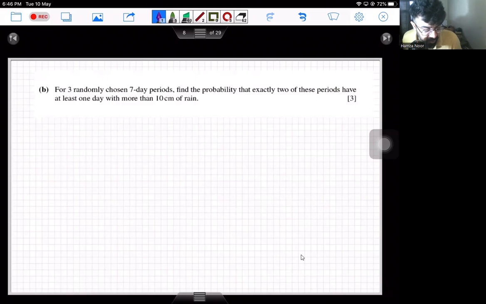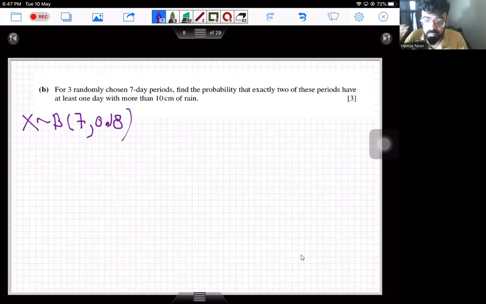So here we have the initial condition which we took in part A. X follows a binomial distribution with a fixed number of trials 7, and the probability of success was 0.18. Okay, so I'm trying to find first the probability of having more than 10 centimeter of rain on at least 1 day, which means the probability that X is greater than or equal to 1.